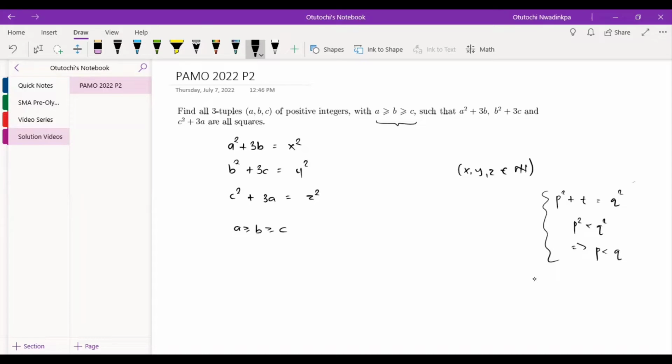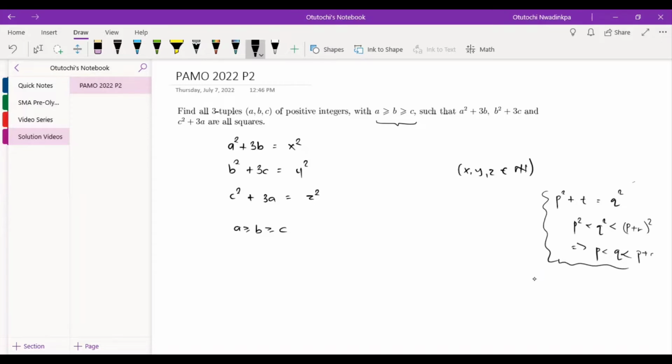And then you try to make Q squared less than some P plus R squared. Then this implies that P is less than Q is less than P plus R. So this is a very popular technique and a very natural way of going about it when a square is equal to some other square plus a natural number, right?